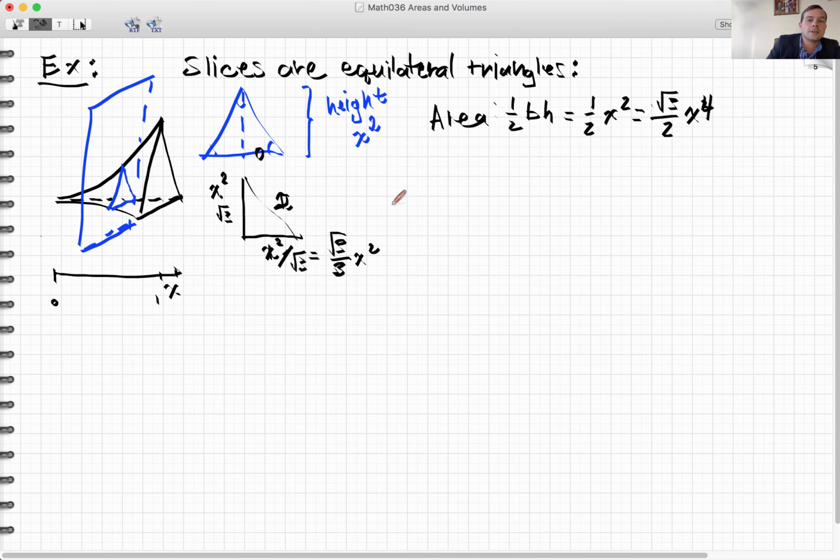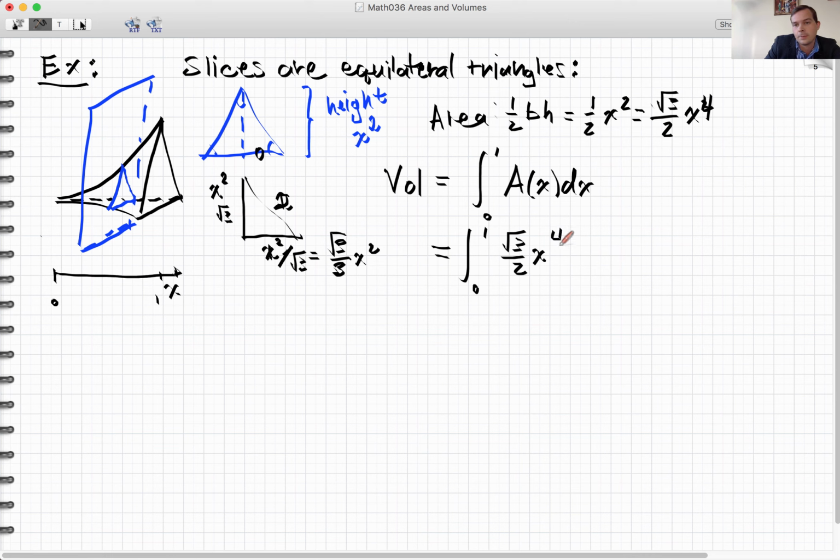So now that I have my area, I know that the volume is given by the integral from 0 to 1 of the area function A(x) dx. Now I know what that slice area function is. It's going to be the integral from 0 to 1 of square root 3 over 3 x to the 4th power dx.